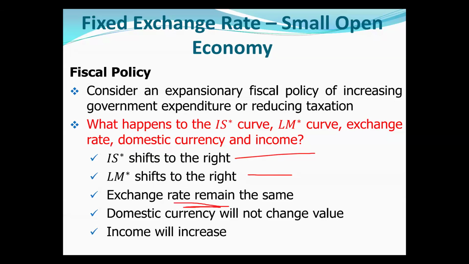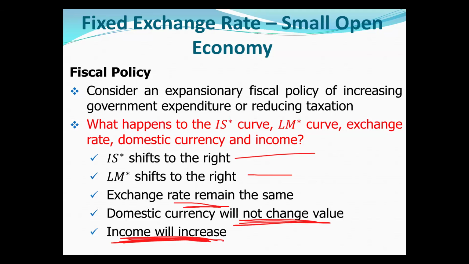It is fixed. The domestic currency will not change. Then income now will do what? It will change. So you should understand, that's why I've emphasized understanding what regime you are working with.